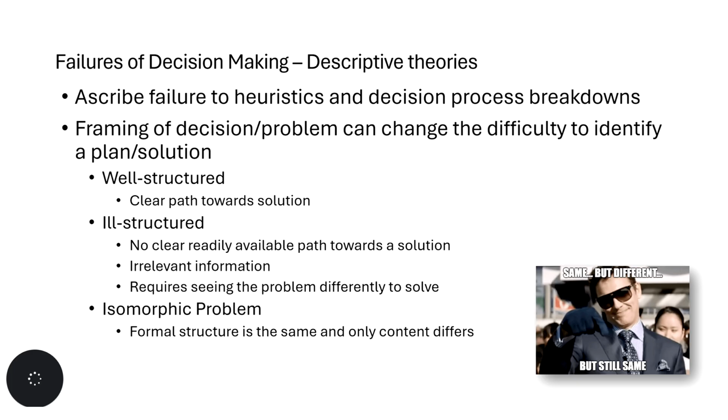So they assume that if the choice is well structured, there is a clear path towards solution. When it's ill structured, there's no readily available path towards a solution. You can tend to get bogged down with irrelevant information, and it requires kind of reframing the problem internally to solve it.